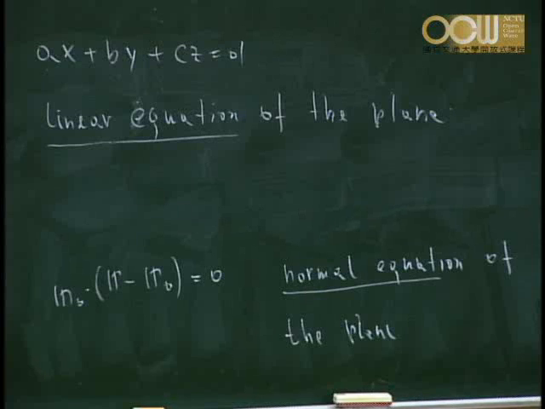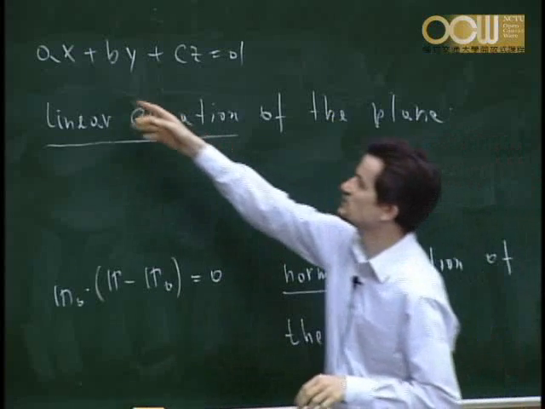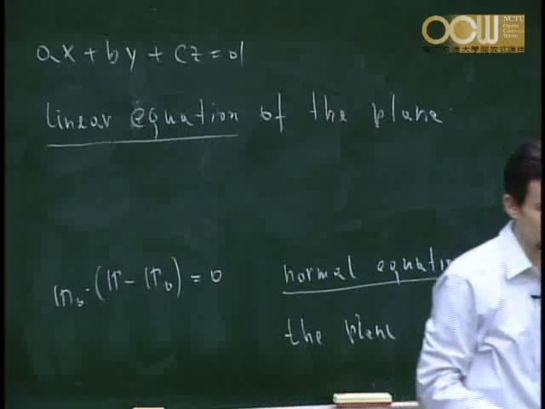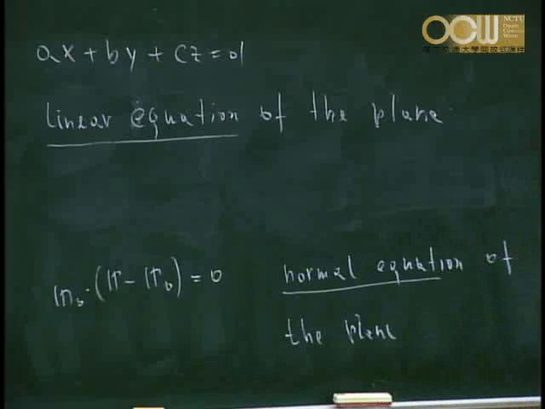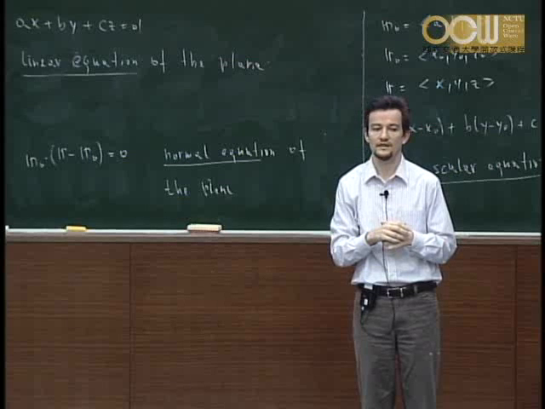And this is one of the examples where the vector product comes in very handy, because if I give you two equations, from the equations you can immediately read off the normal vectors, and then you compute the cross product of the normal vectors, and this will be a vector which is in the direction of the line of intersection. So it's the easiest way to compute the line of intersection.